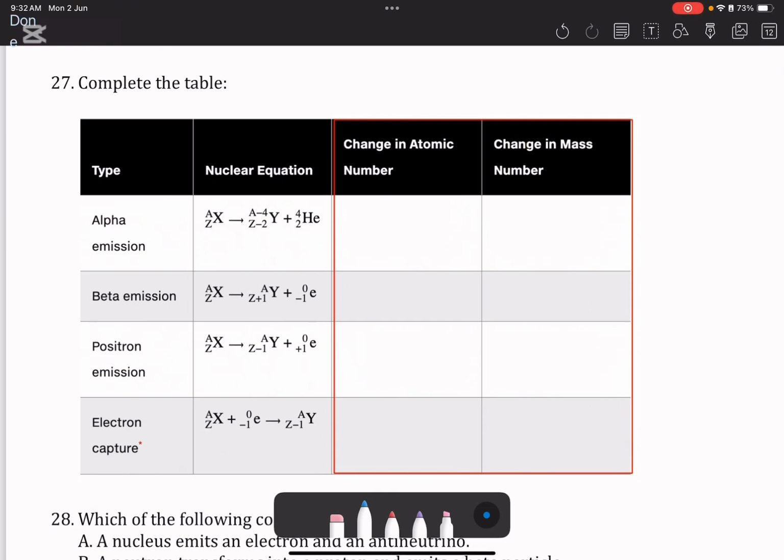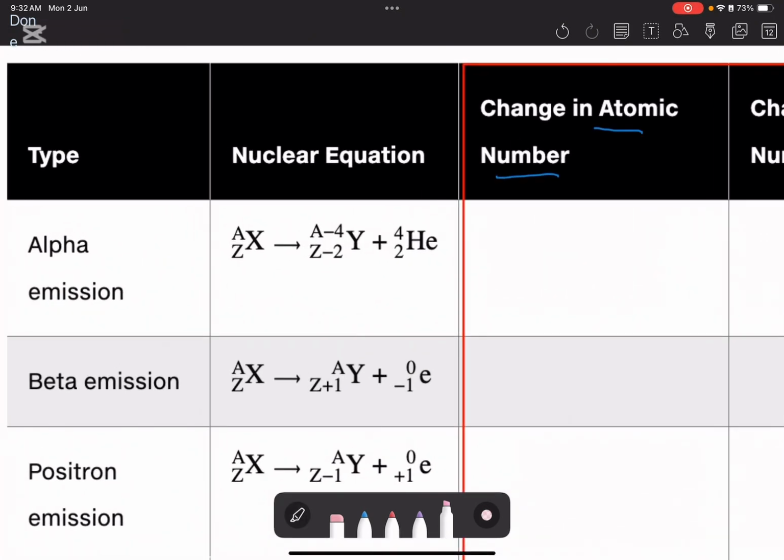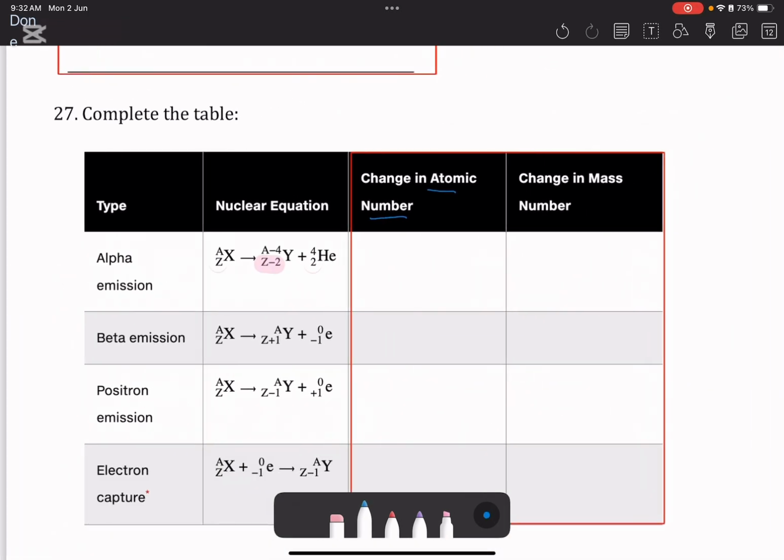Now, complete the table. If I have an alpha emission, what would be the change in the atomic number? If an alpha particle is emitted, the daughter nuclide is going to have an atomic number 2 less than the parent.